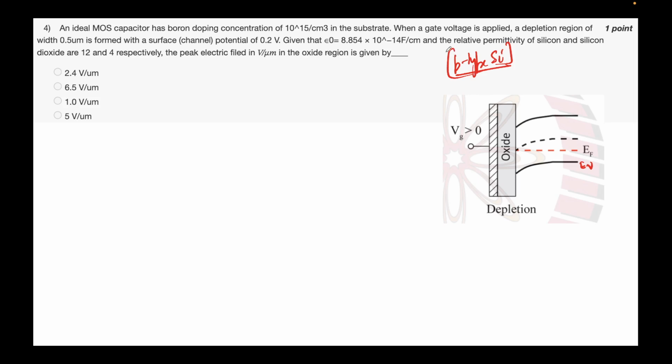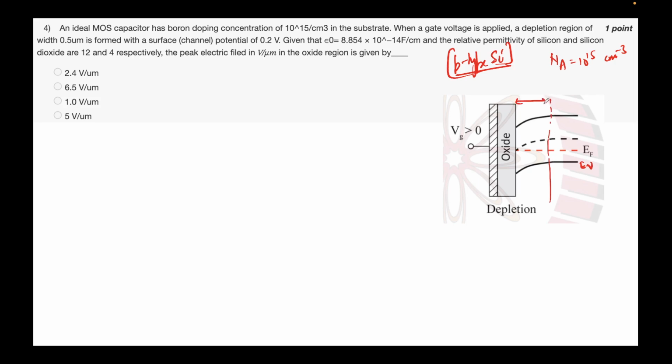Let me also write that Na is 10 to the power 15 per centimeter cube. When the gate voltage is applied, a depletion region of width 0.5 microns is formed. Since it's p-type, we know we have to apply positive gate bias to repel the holes. So this is the depletion region that has formed.